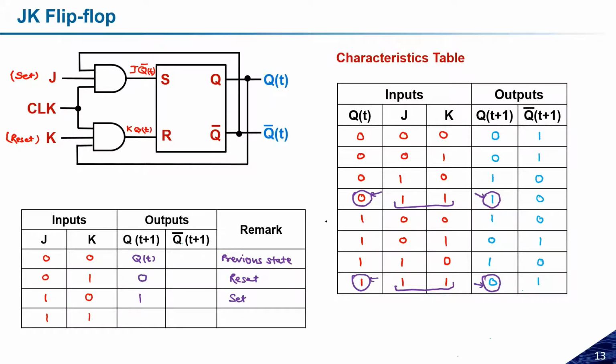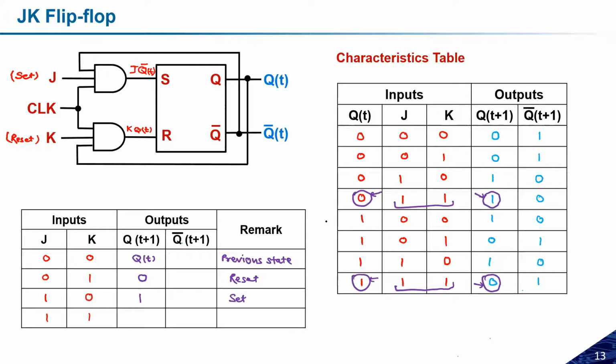What it means is that it is complementing the output, whatever result we had in the previous state. If J and K both are at logic 1, the output will be complemented. If 0, then output Qt plus 1 will become 1, and if 1, then it will become 0. So this will toggle between two states. Suppose I have provided J and K equal to 1 permanently.